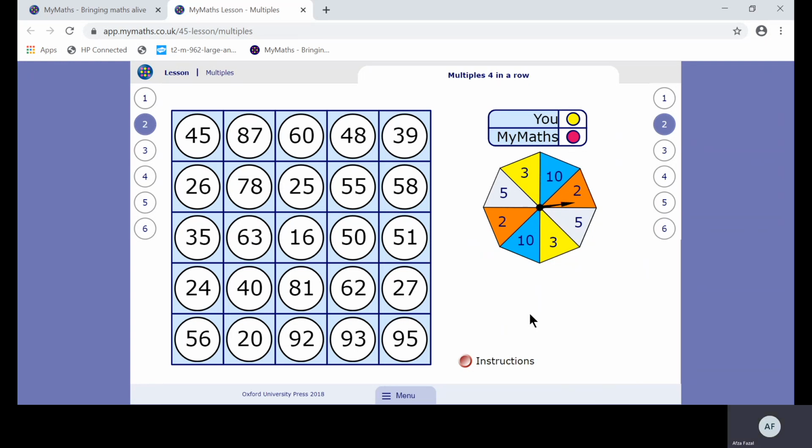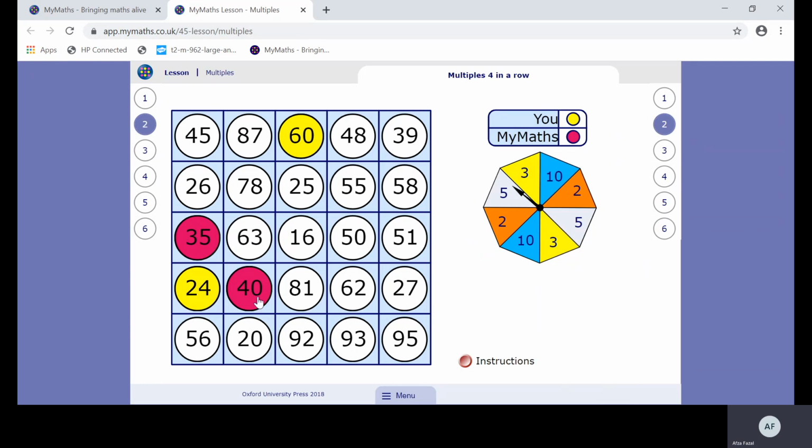So I've got the number 2. I need a multiple of 2. So which number is in the 2 times tables? Go with 24. Right, so we've got 3, a number in the 3 times tables. I'm going to go with 60. Or who's got a 40 there? Let's see what we can get, because that's a multiple of 10.